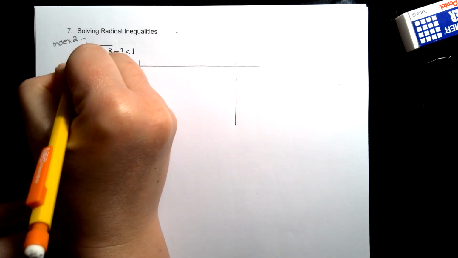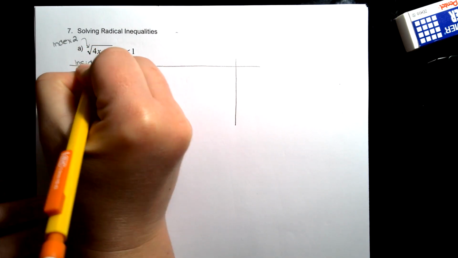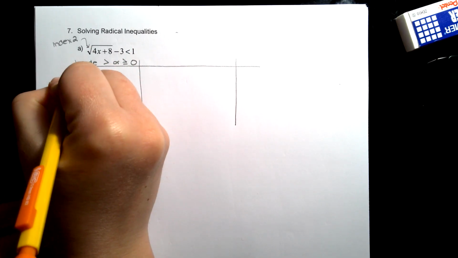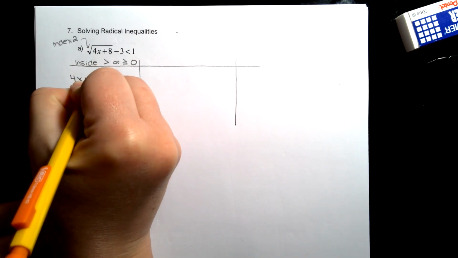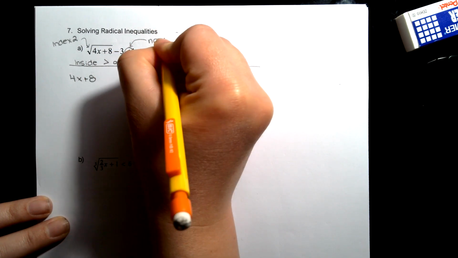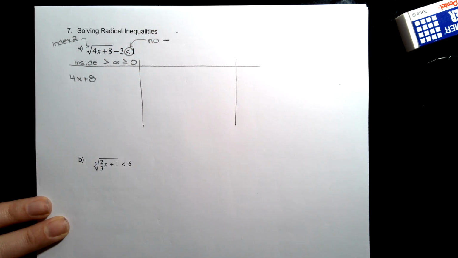You're going to take the inside, and it's always going to be greater than or equal to 0. So 4x plus 8, and the symbol, this symbol, no line underneath it.